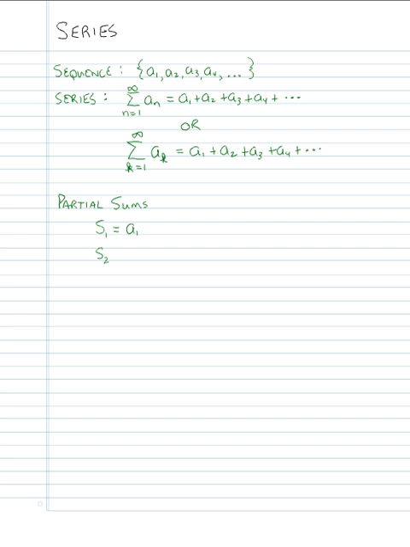Capital S subscript 2 is called the second partial sum, and that 2 means add the first 2 entries, so it would be a sub 1 plus a sub 2. And then, of course, S sub 3 would mean add the first 3 entries, a sub 1 plus a sub 2 plus a sub 3. If we continue this, S sub n would mean add the first n entries: a sub 1 plus a sub 2 plus a sub 3 plus a sub 4, continuing until we get to a sub n. If n was 1,000, we'd be adding up the first 1,000 terms.